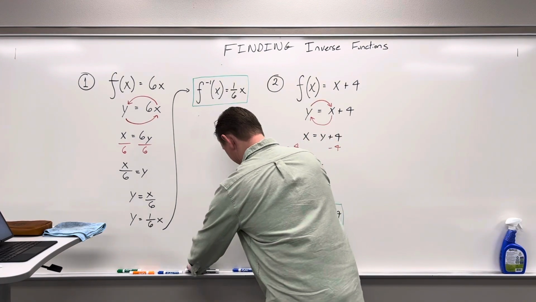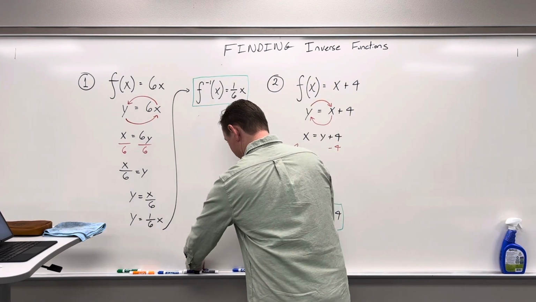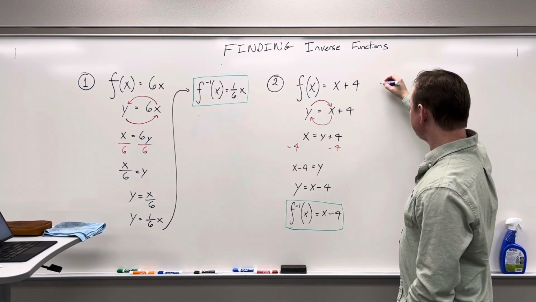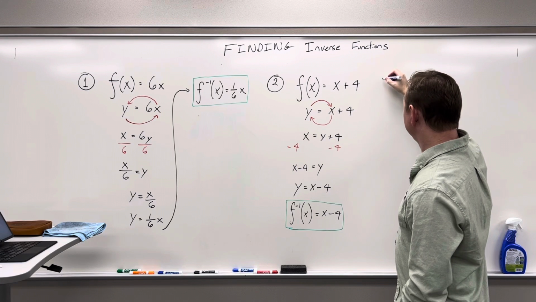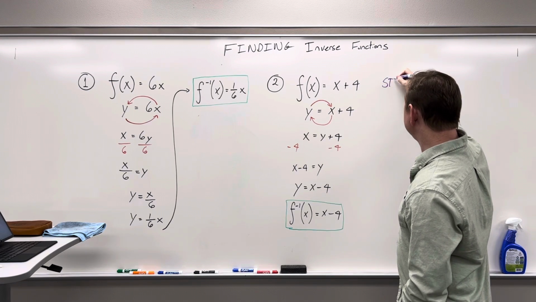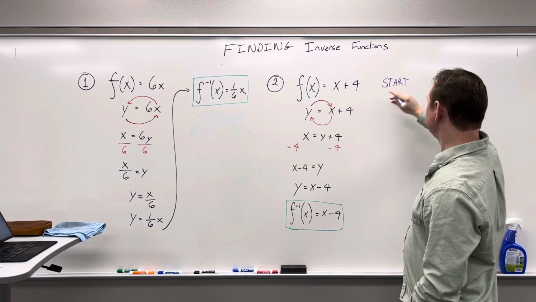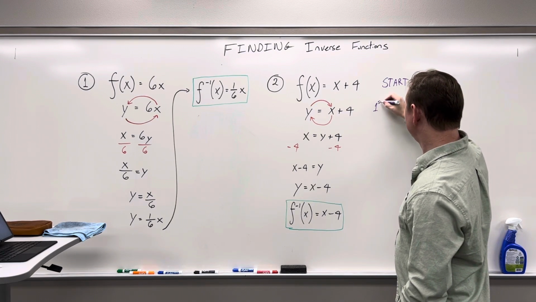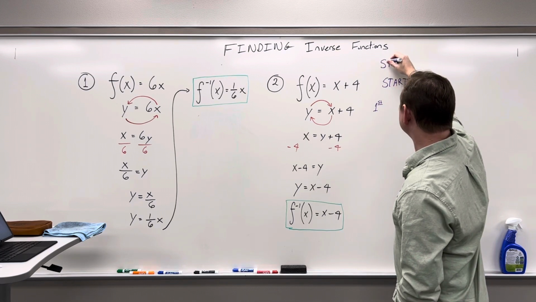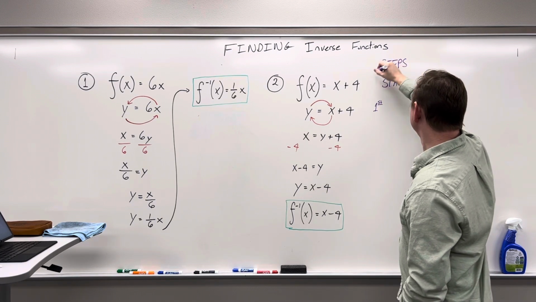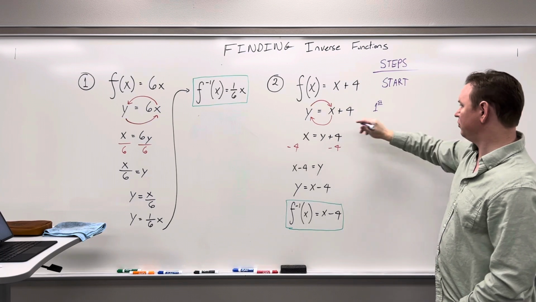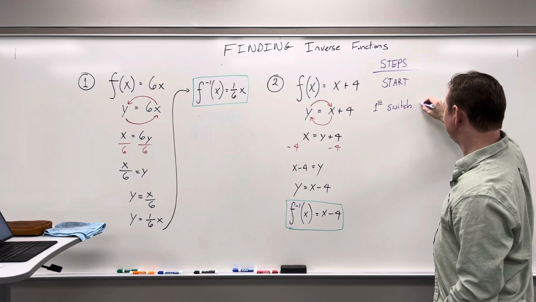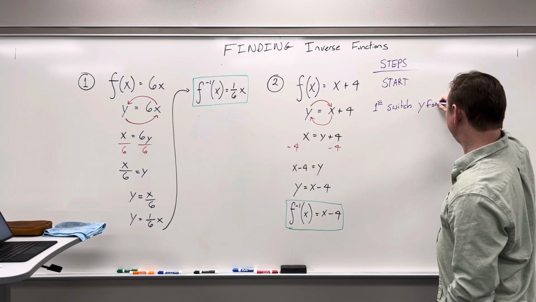So here I'll outline over here with, let's use purple here, our steps. So this is your starting place, right? You're starting right here, and then this first step right here, these are going to be our steps. Step one is we switch y for x.